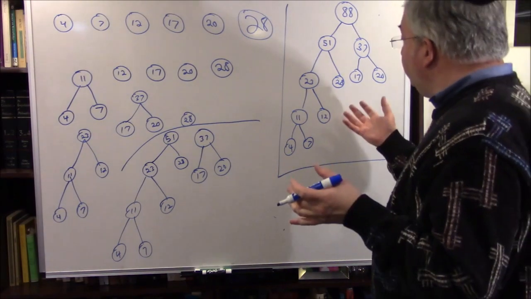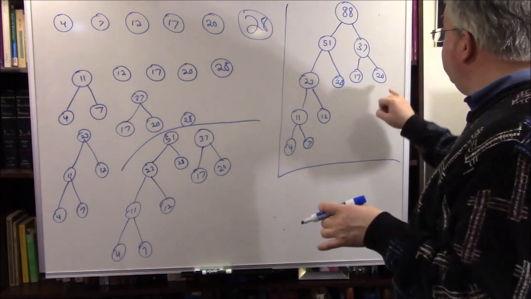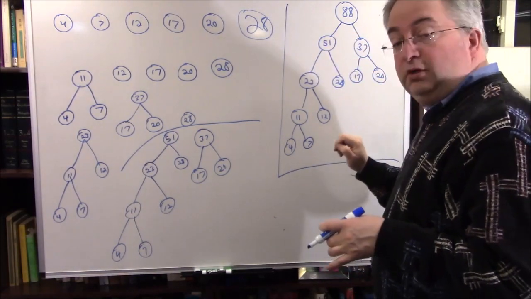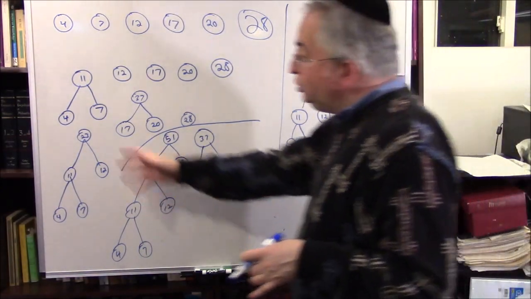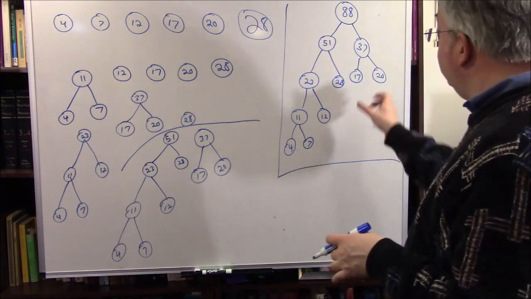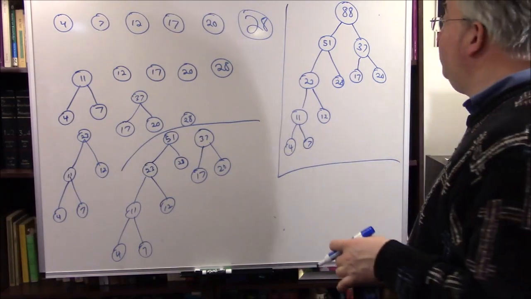The larger numbers, like the larger leaves, like 20 and 28, are high up. The smaller leaves are on the bottom because we chose them first, and they went to the bottom. These, 28 and 20, were chosen late. So that brings it together.